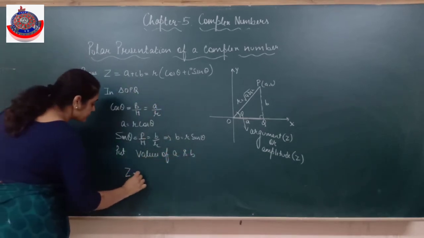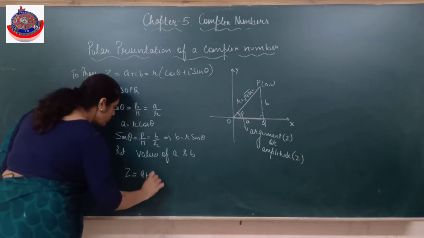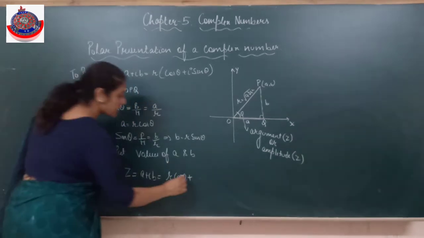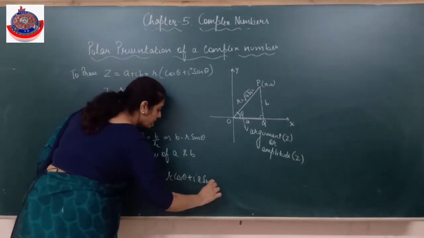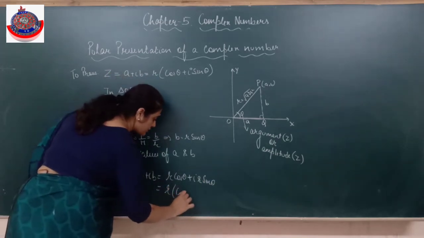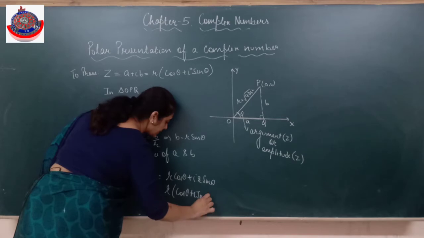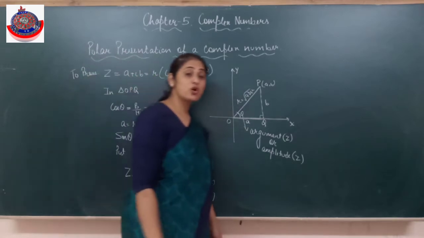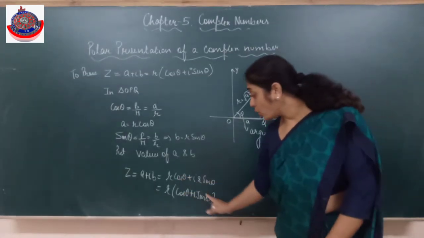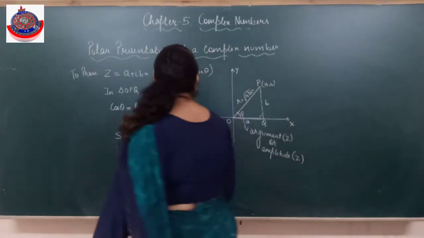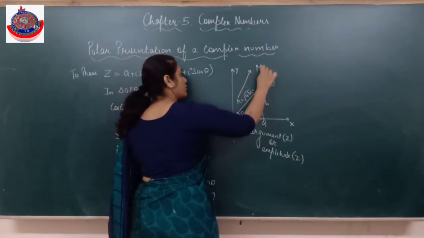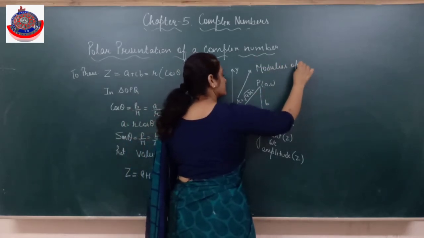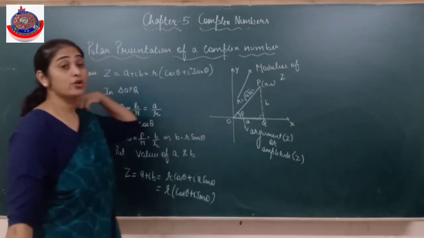So z can be written as a plus iota b. The value of a is r cos theta. The value of b is r sin theta. I'll take r common, so it is r times cos theta plus iota sin theta. So when a complex number is converted in the form of sine and cos and r, that is called polar form, where r is the modulus of z and theta is the argument or amplitude of z.